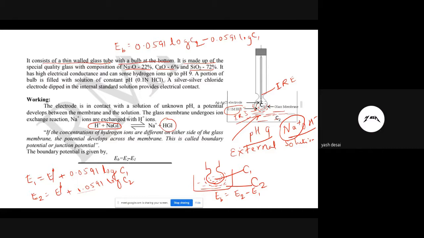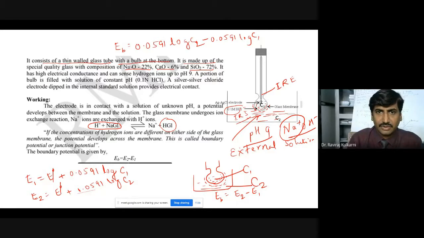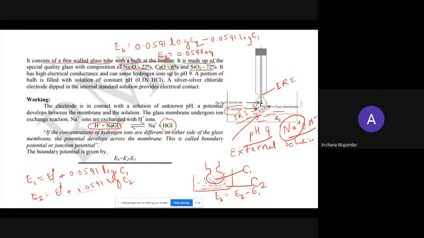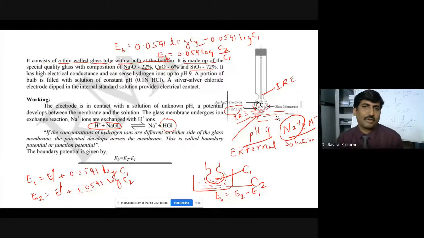According to the properties of logarithm, you can write 0.0591 log of C2 by C1, or 2.303 RT over nF you can write instead of 0.0591.